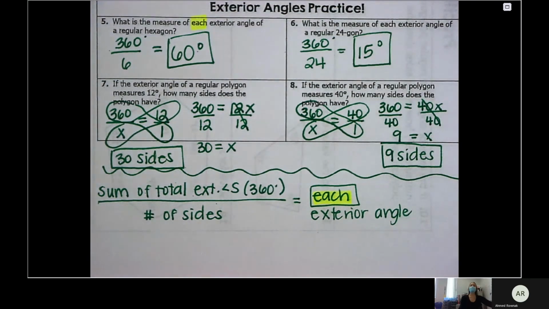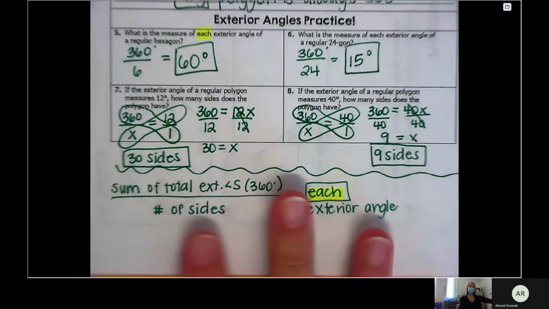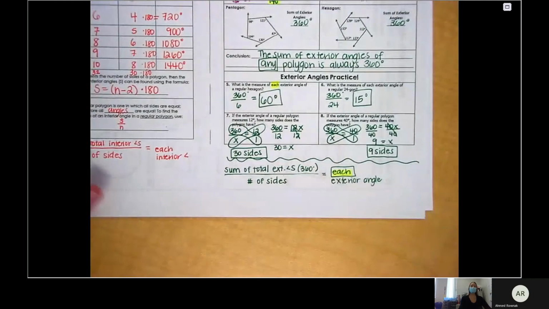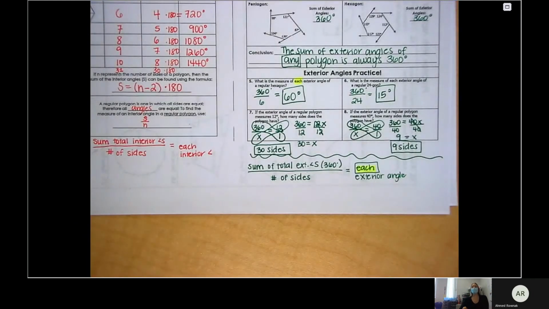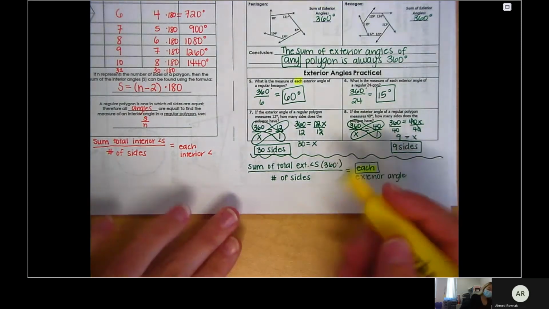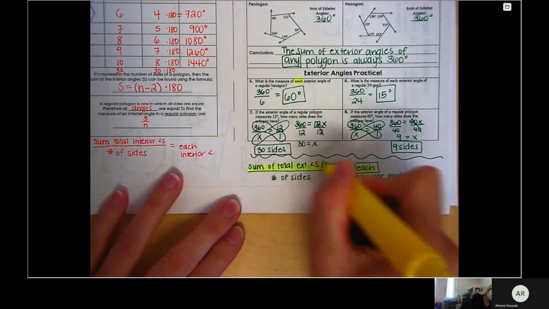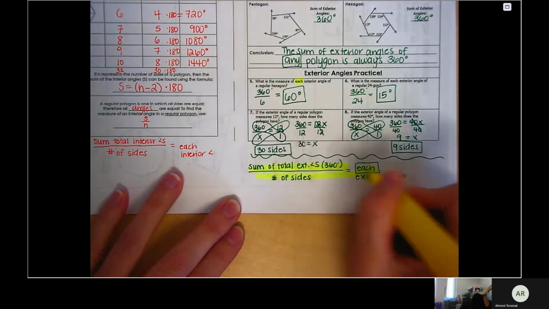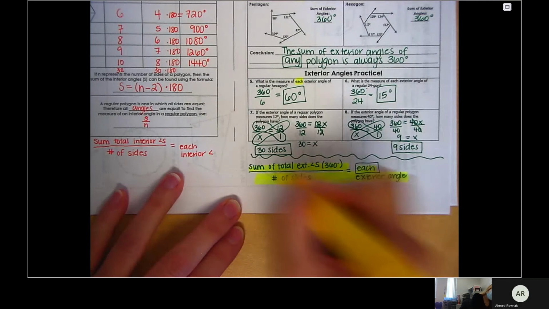Okay, so we're down to our last minute or so here. The last thing I would like you to do is this. We'll do the backside tomorrow, but if you have a highlighter, I'd like you to highlight or circle 3 things for me. Those 3 things are the 3 formulas that we wrote down. So the formula talking about exterior angles, I want you to highlight.